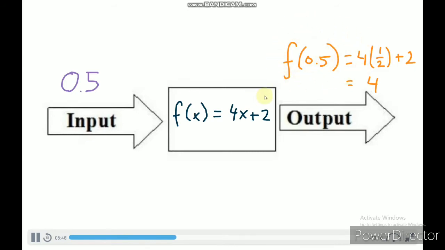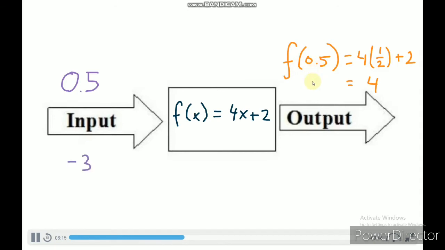So I just substitute x by a half, and I can see that the value of f(0.5) is 4. Since saying f(0.5) is very long and complicated, usually we replace f(0.5) with y to make it simpler.